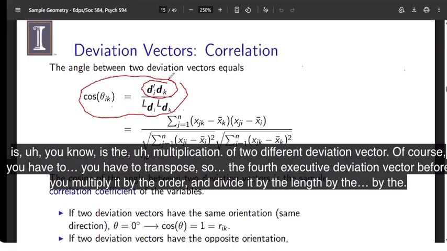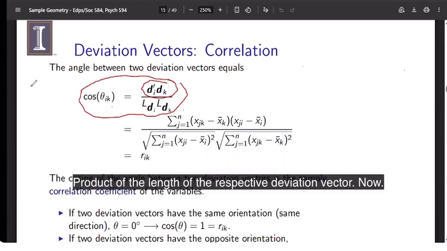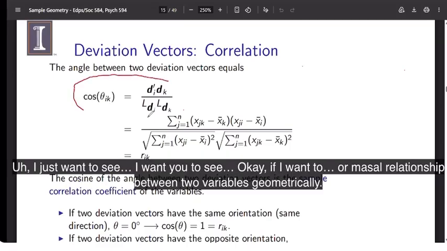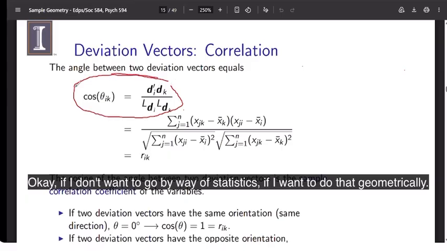Of course, you have to transpose the first deviation vector before you multiply by the other, and divide by the product of the lengths of the respective deviation vectors. If I want to measure the relationship between two variables geometrically, without going by way of statistics, I'm going to focus my attention on this.